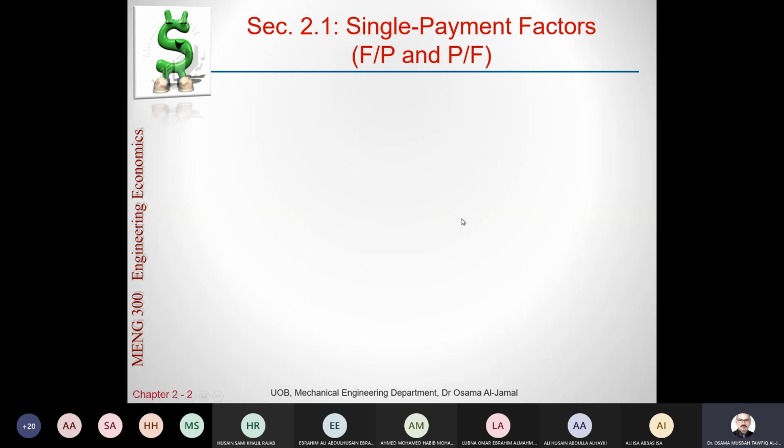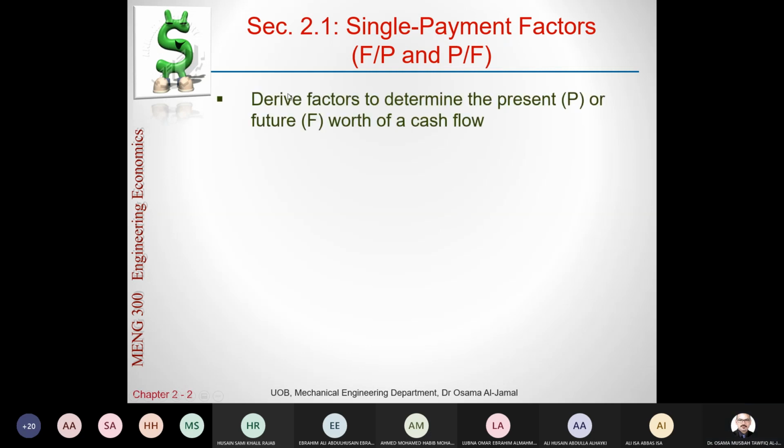Okay, let's start now here. Derive factors to determine the present P or future F worth of the cash flow. What does it say here at the beginning? Derive. So we're going to see that derivation.